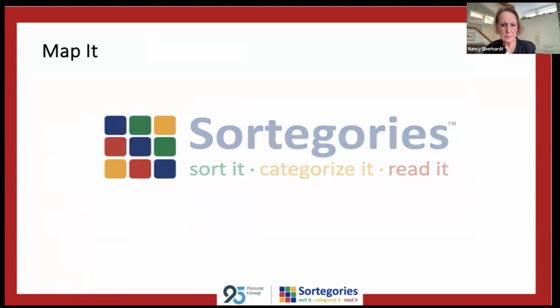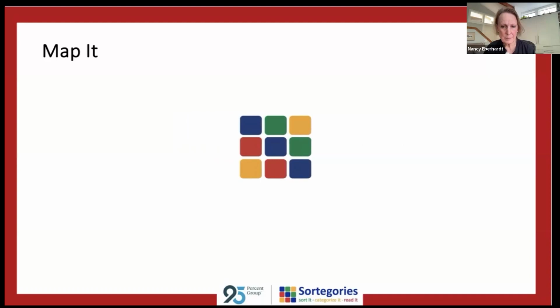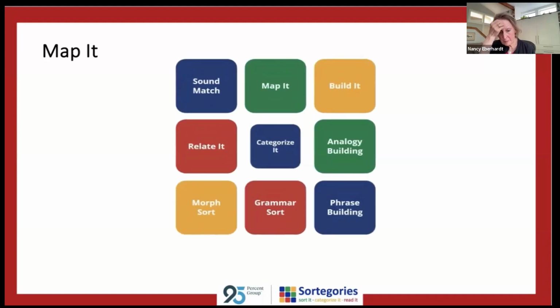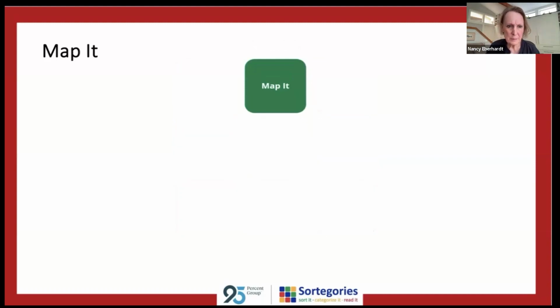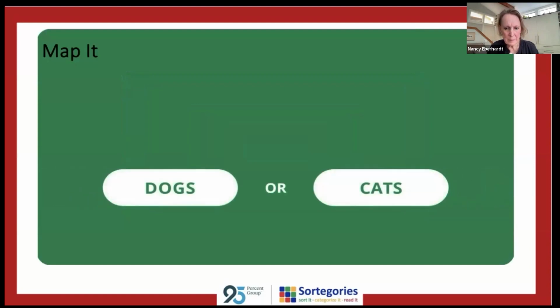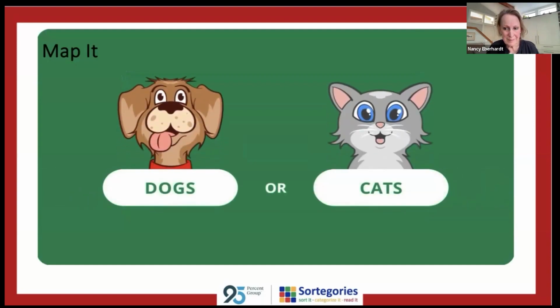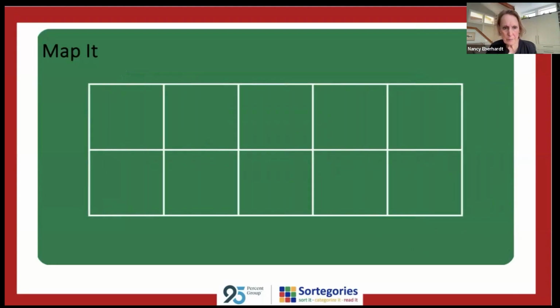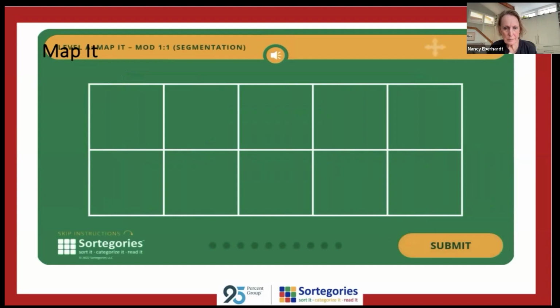Sortagories. Level A. Map it. First, an important question. Dogs or cats? Meow. This activity has 3 parts. In part 1, you'll listen to a word. Select the audio icon to hear the word again.